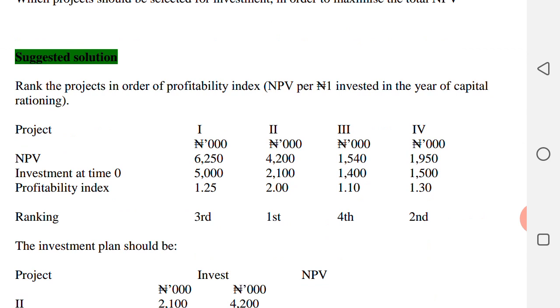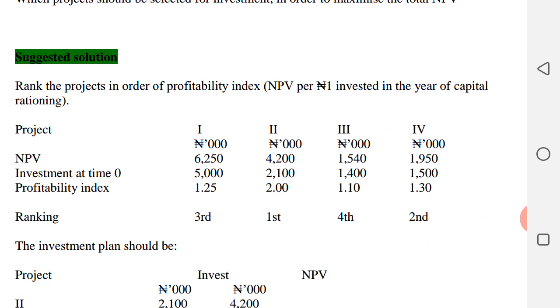The same thing, 4,200,000 divided by 2,100,000, we have 2. 1,540,000 divided by 1,400,000, we have 1.1. Then 1,950,000 divided by 1,500,000, we have 1.3.